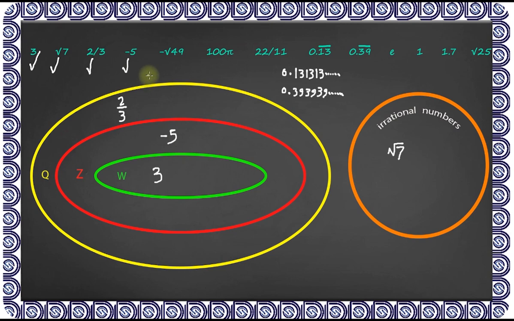And the next one is negative the square root of 49, which is negative 7. And negative 7 is an integer. So negative the square root of 49 is an integer. And the next one is 100 pi. 100 pi is an irrational number because we have pi.